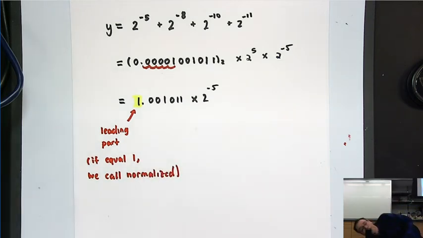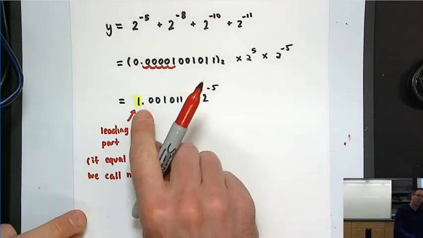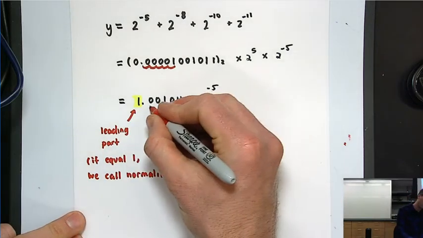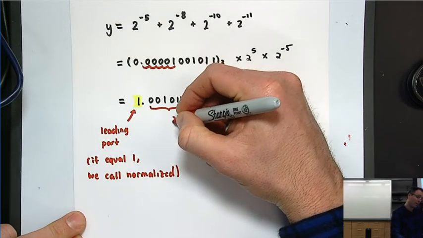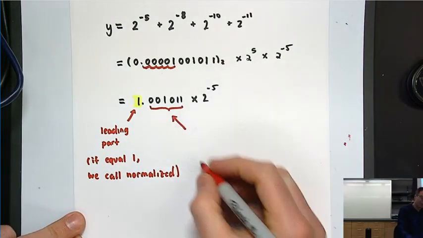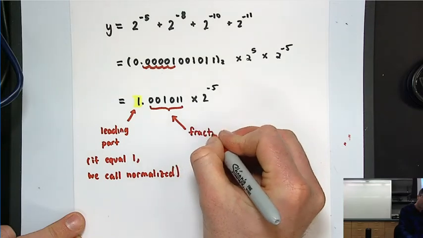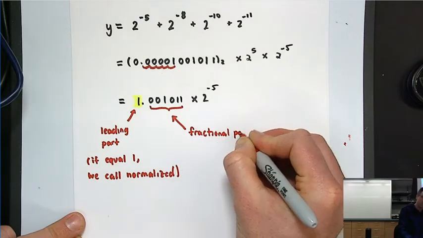So if the number in the very front of our floating point number was 1, we'll call that normalized. Could you guess, if we call this the leading point part, what we're going to call this thing right here? Yep, it starts with an F. This is going to be called the fractional part of our number.